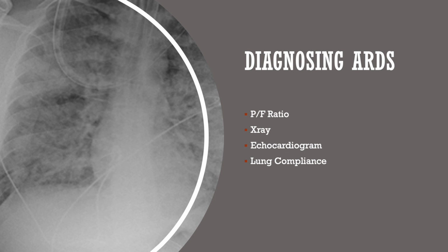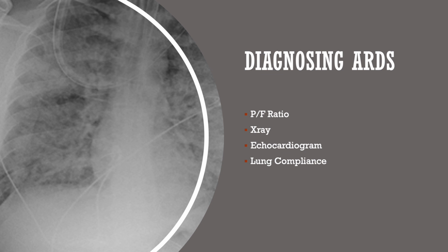An echocardiogram will look at the heart function. Heart and lungs run hand in hand, so if the heart has a complication, it can make it look like the pulmonary process has a problem. So if you rule out LV dysfunction or RV dysfunction, and you don't have shunting of the cardiovascular system, then that's another check mark for a pulmonary process.